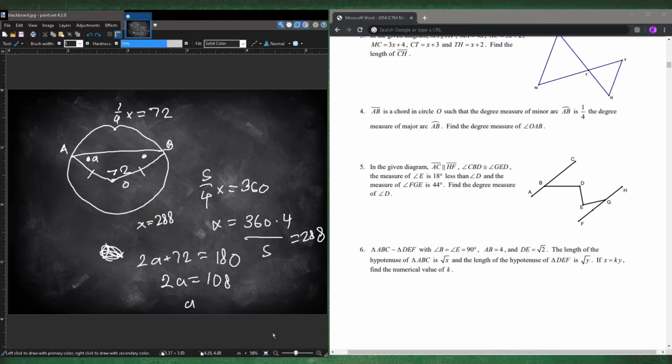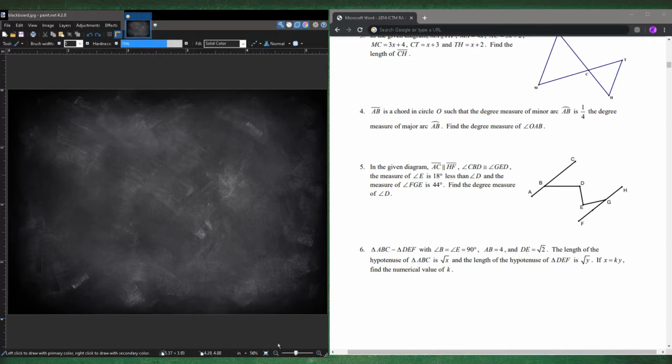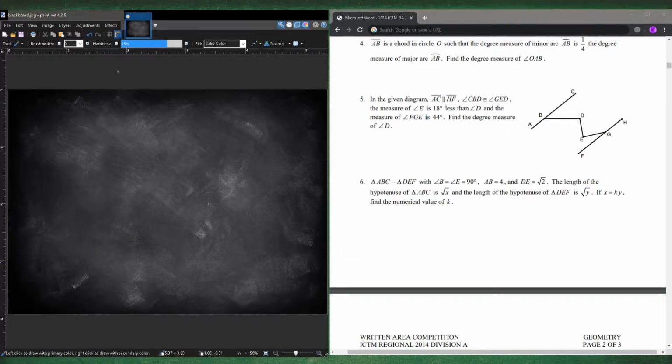Let's delete this. Number 5. In the given diagram, AC is parallel to HF. Let's draw this out again. Something like this.